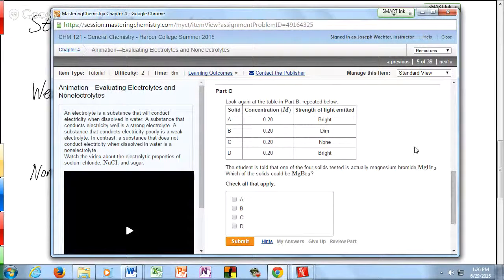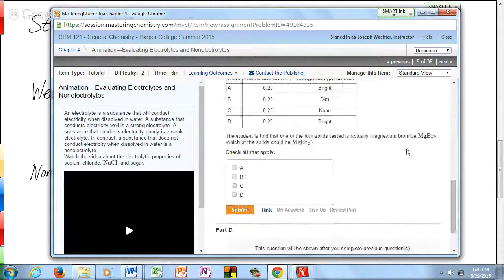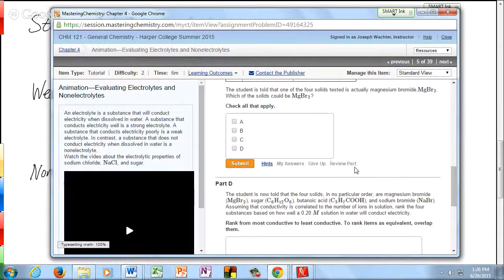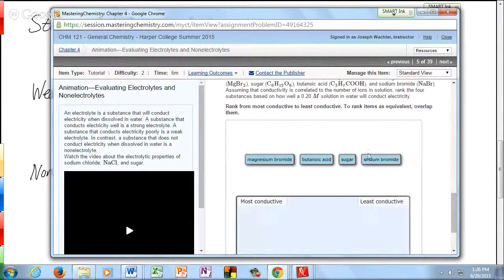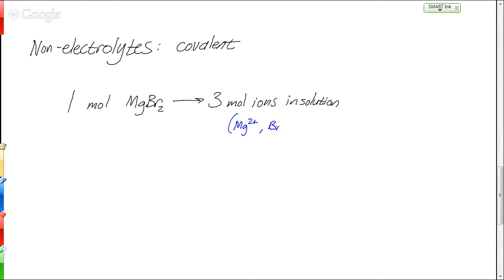How would you figure that out? Let's see. Is this the one? Yeah, magnesium bromide versus sodium bromide. So 1 mole of magnesium bromide forms 3 moles of ions in solution because it breaks apart into 3 different particles.